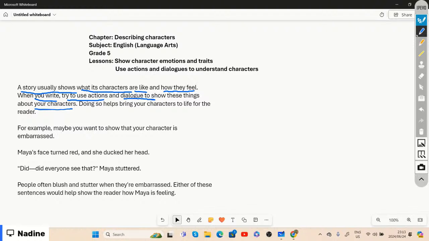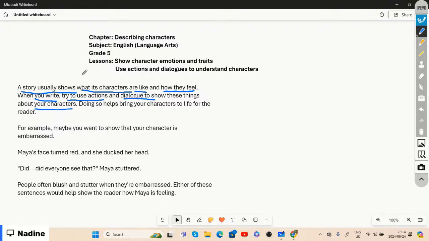It's the same as if you're playing with dolls, if you're playing with cars, you're playing with something, you would basically have the two dolls in your hand and the one would be speaking to the other, right? You are eventually bringing life to those dolls by showing as if these two are having a conversation between each other, right?